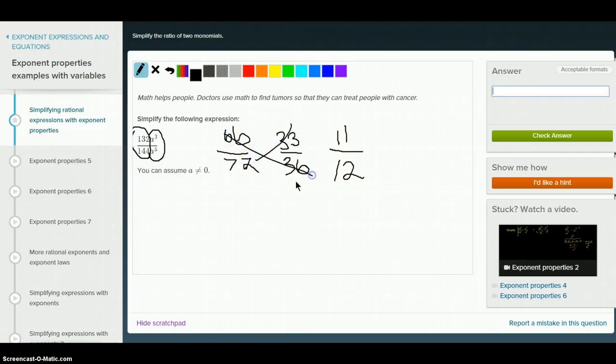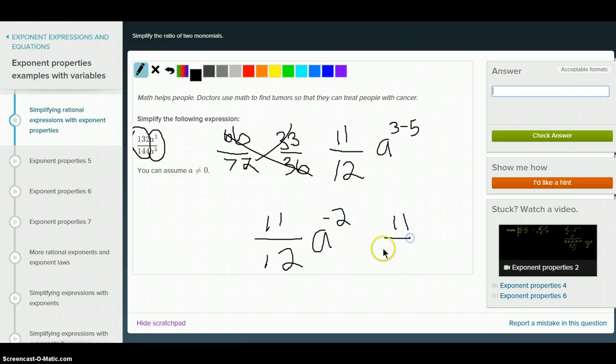Okay, so we have 11 over 12 for the coefficient, and then a to the third divided by a to the fifth. So that's a to the 3 minus 5. So the answer is going to be 11 over 12, and then a to the negative 2, or we can just make that 11 over 12a squared.